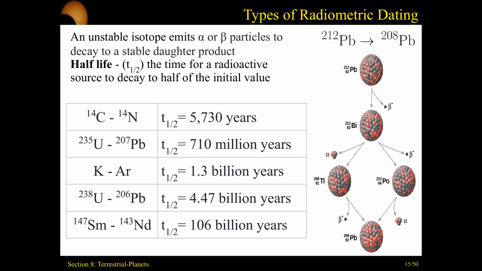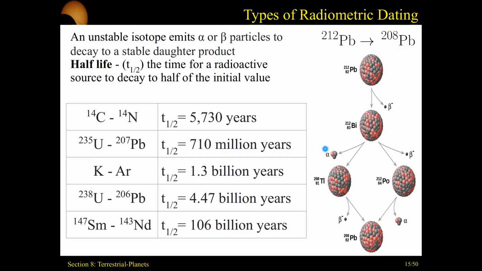This is an unstable element, and so this bismuth will either spit out an alpha, turning into a thallium atom, and then that thallium atom will spit out another beta particle, converting back down to the lighter lead-208. Or the bismuth could turn into polonium, spit out an alpha particle, and back down to lead.